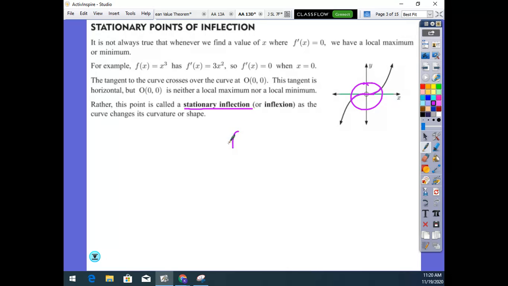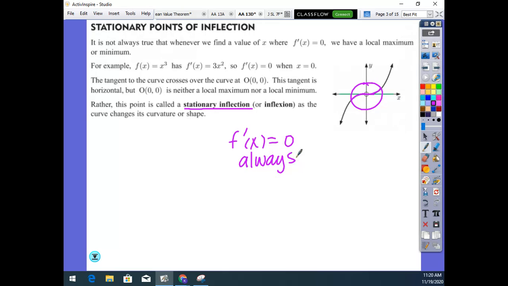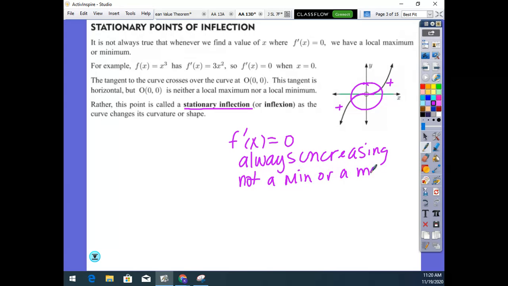What I wrote is the derivative equals 0. But notice it's always increasing. So it's positive on each side. If it's always increasing, it's not a min or a max.